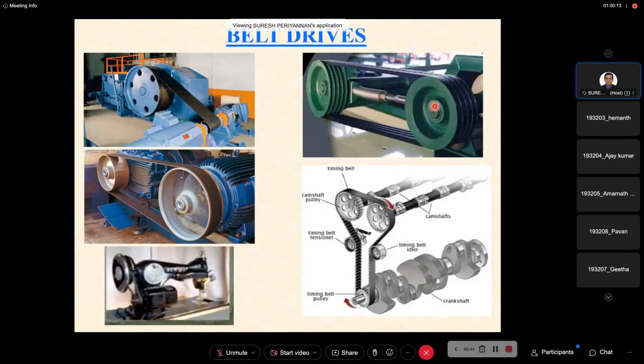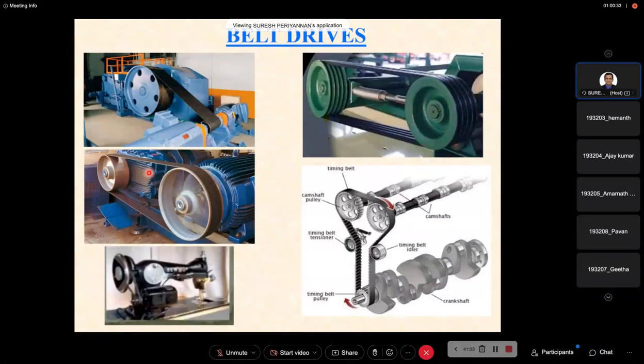But with a flat belt, vertical power transmission is very difficult. We always have to maintain appropriate tension. Even though it is very difficult, we can use it, but we must maintain appropriate tension in the flat belt. That's why we use an idler pulley.